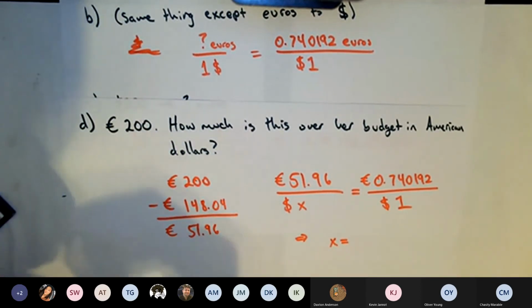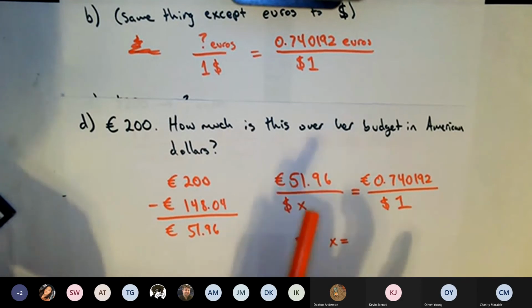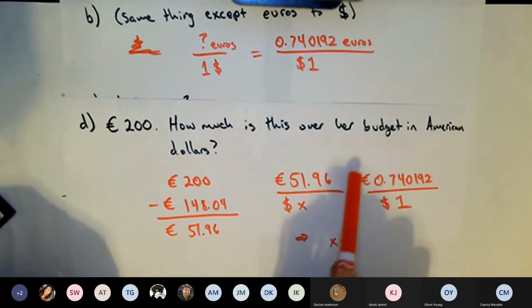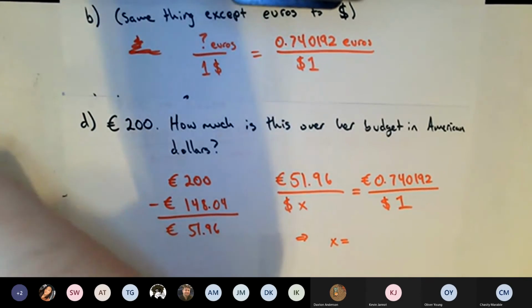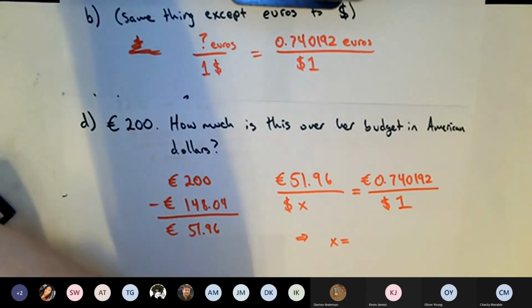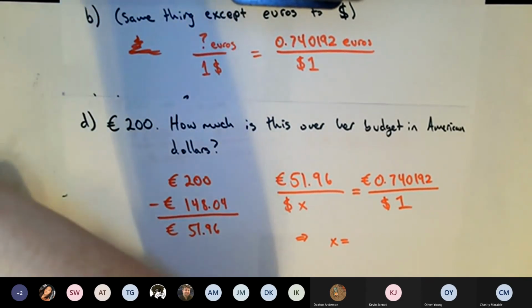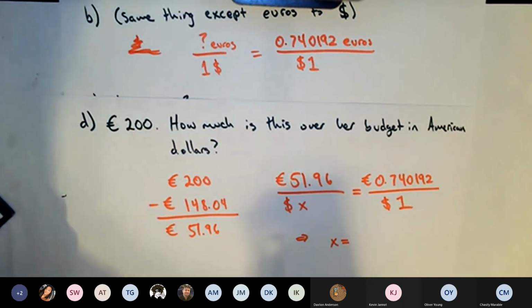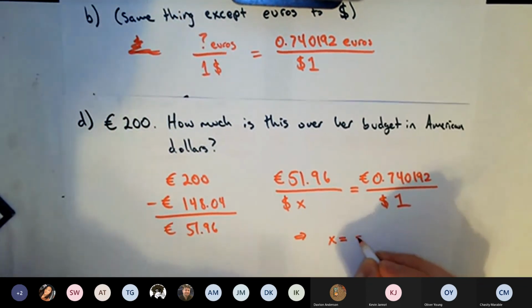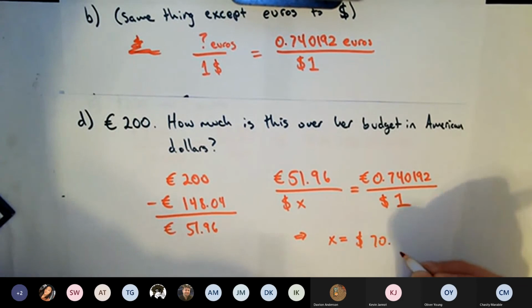Well, not too much, right? You would essentially just end up doing 51.96 divided by this awful decimal number, just following the path that I did for that other example where I wrote out all the steps explicitly. And we're getting in dollars 70.198, so I'm going to round that to $70.20.